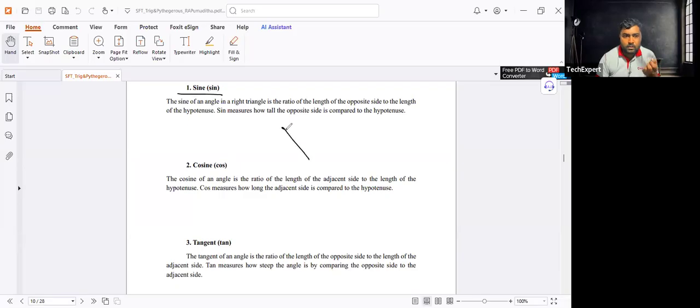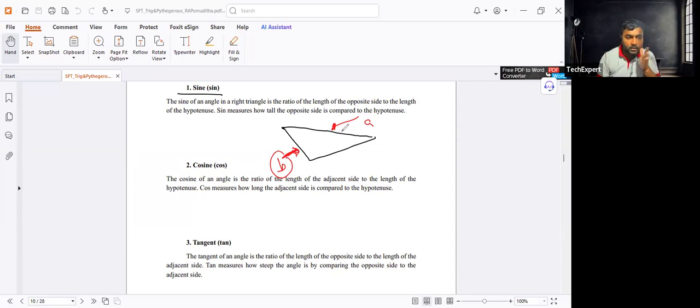If this is a triangle, in this triangle I'm talking about this side or this length by comparing this side. That means this A and this B. I'm talking about this B by comparing to A. In trigonometric ratios, we are doing that. That is the basic. Understood?